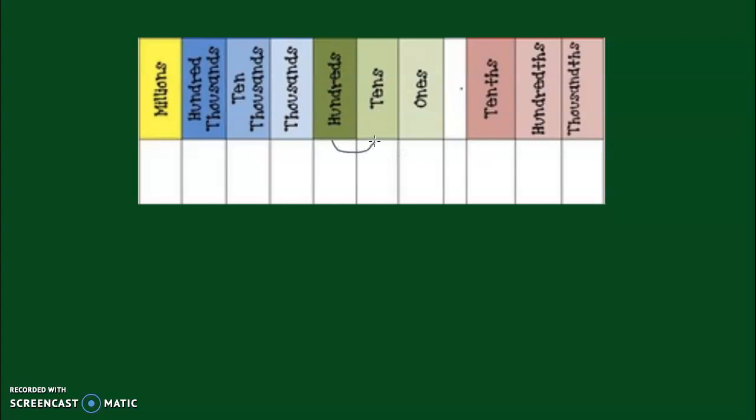So as we move to the right on a place value chart, it's like we're dividing by 10. Or on your home link, you're going to see 1/10 of. Finding 1/10 of a number is the same thing as dividing by 10.